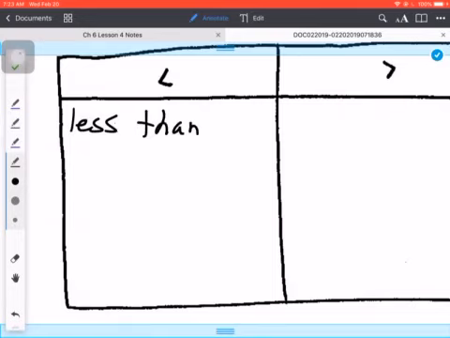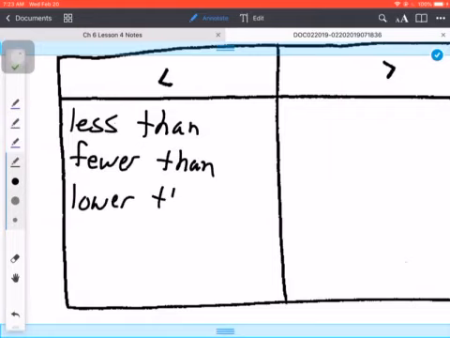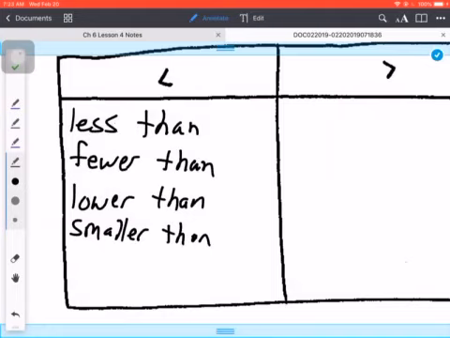But some other words that we can think of are fewer than, lower than, or smaller than. Really anything that means less can go in here.